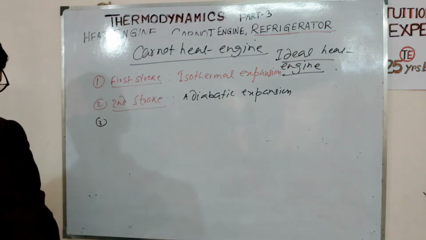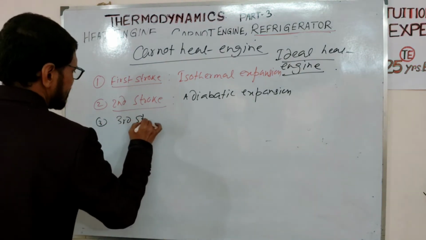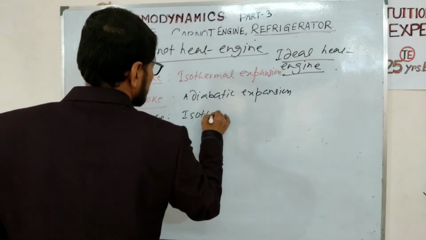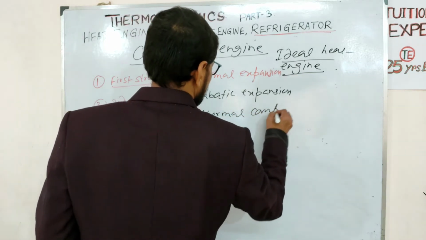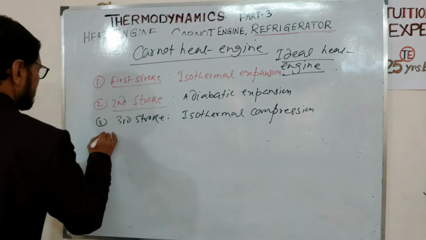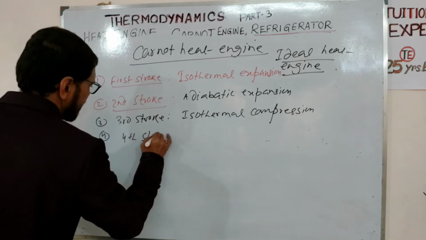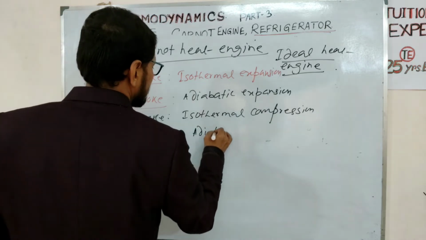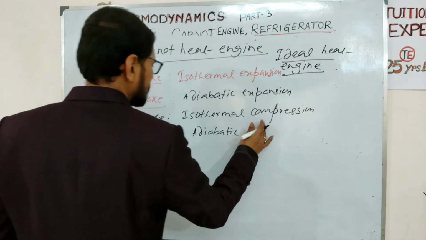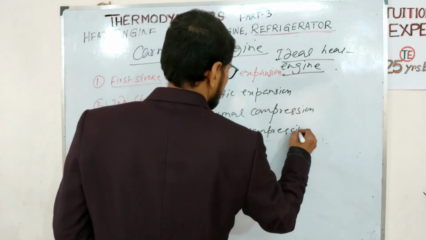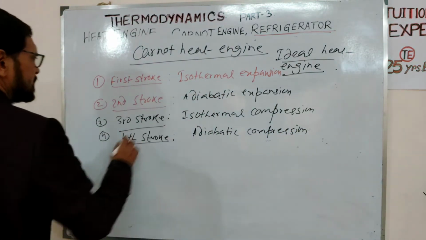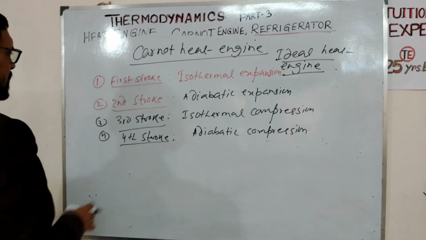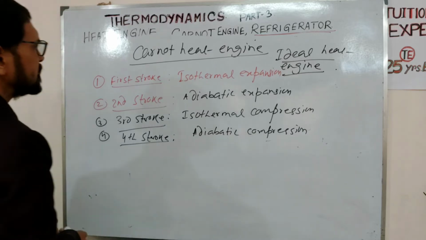The third stroke is isothermal compression. The fourth stroke is called adiabatic compression. So in the fourth step, one cycle is completed in a Carnot engine.